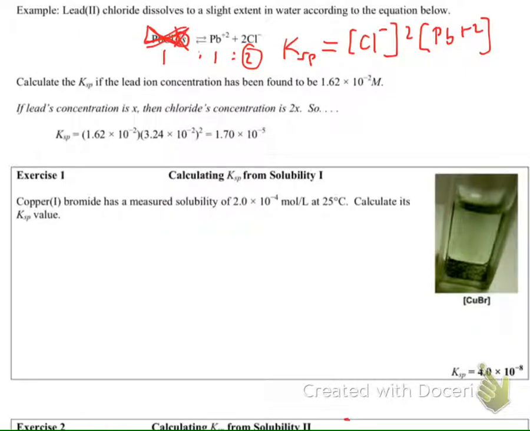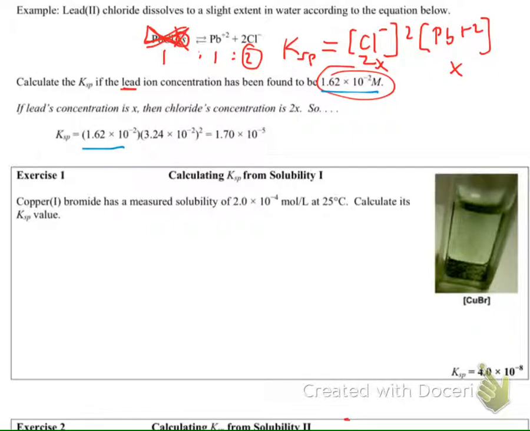If it asks us to find this value when we're given concentrations, we simply plug it in. So we need to know that we're looking at the lead ion concentration here, and that if this lead ion concentration is x, then the Cl minus must be 2x based on our coefficients from the balanced equation. You can see that down below they input these values. So the 1.62 times 10 to the negative second is your Pb plus 2.